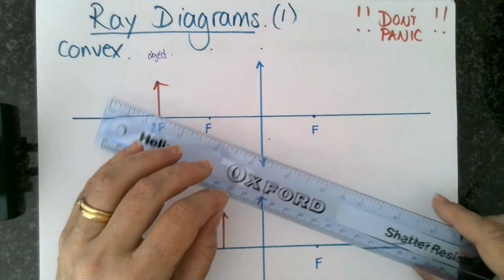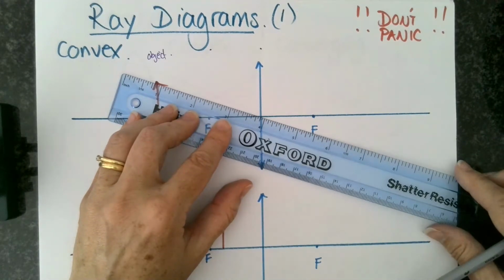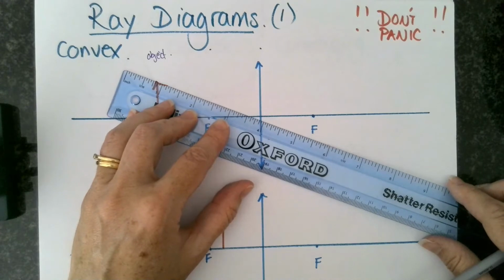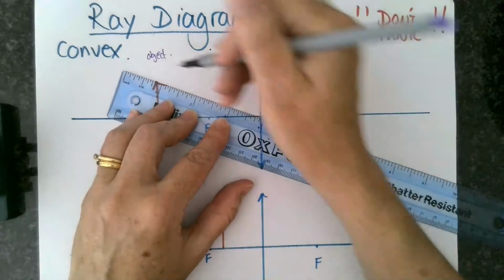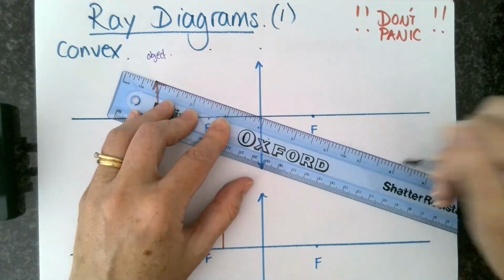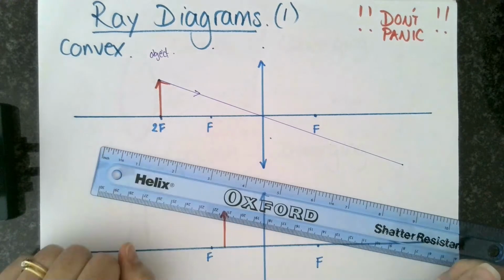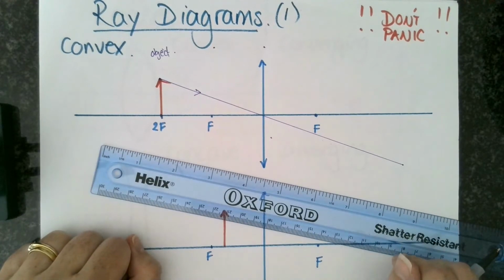So the first thing with any ray diagram for lenses is to draw that ray of light that goes straight through the centre of the lens and carries on out the other side unchanged. So that's your first ray. That's the simplest ray.